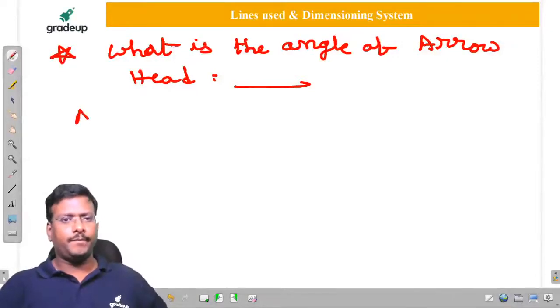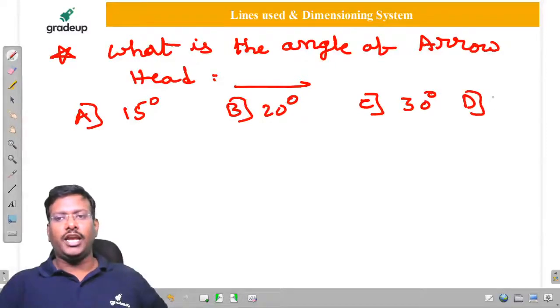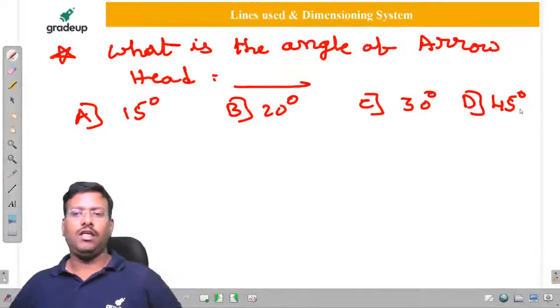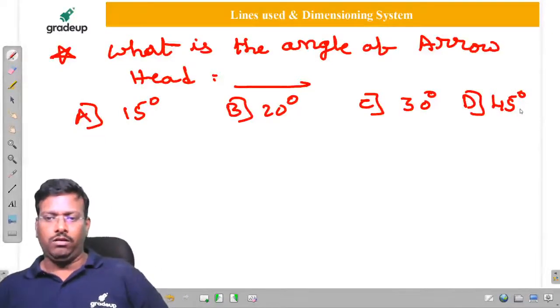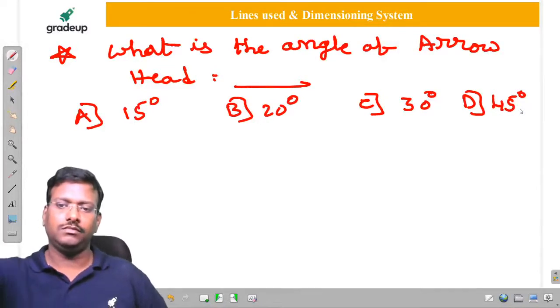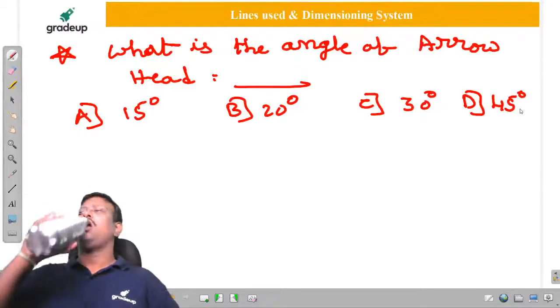Option A, 15 degrees. Option B, 20 degrees. Option C, 30 degrees. Option D, 45 degrees. What is the correct answer? You tell me, my dear friends. Okay, that is also okay, my dear Atul.